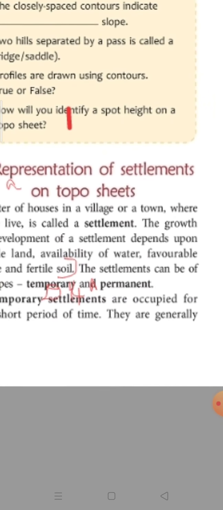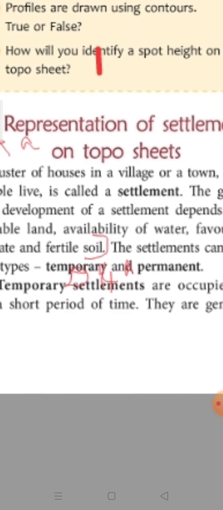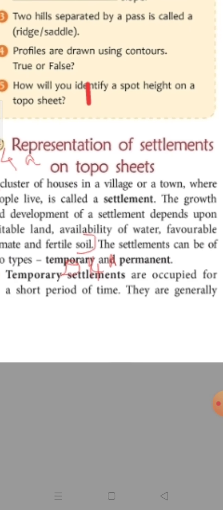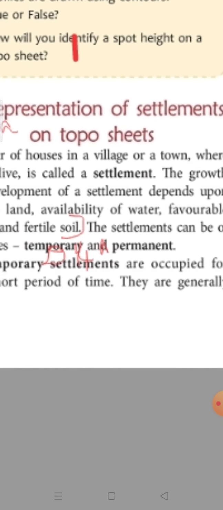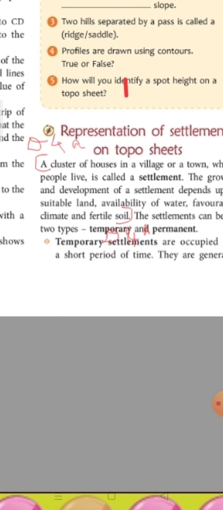The growth and development of a settlement depends upon suitable land, availability of water, favorable climate, and fertile soil.